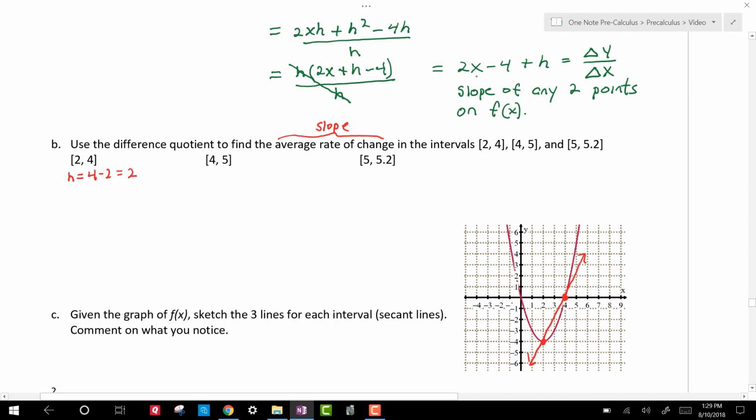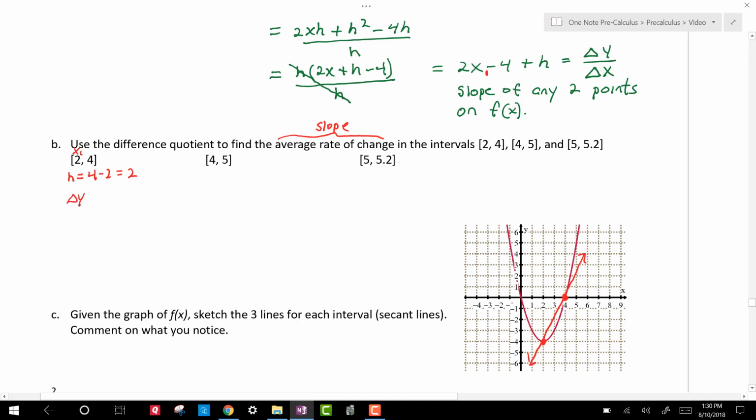Now, what is x? The x in the formula is the first x in the interval. So when I go to plug these in, I'm not going to plug in 2 and 4. I'm going to plug in x1 and h. So here we go.